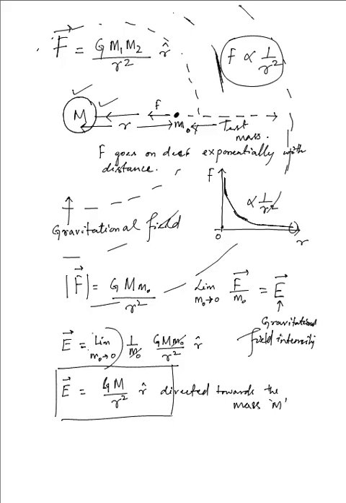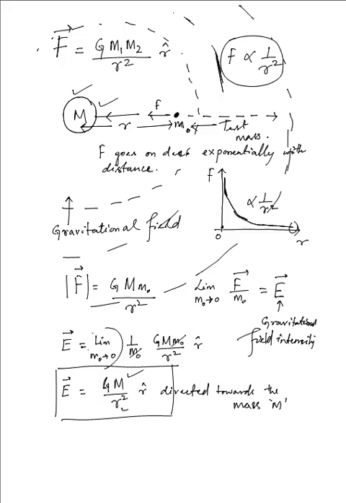Now this is the gravitational field intensity for the mass M that was present over there, and this intensity is found at a distance r from the given mass.